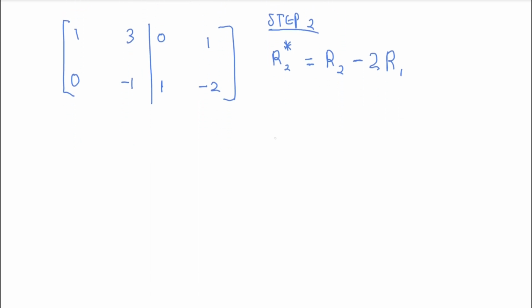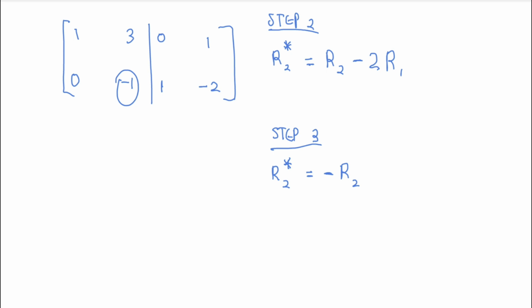Then for step 3, you want to obtain the leading diagonal here into 1. So what is it? The new row 2 is equal to negative 1, or negative row 2 only.